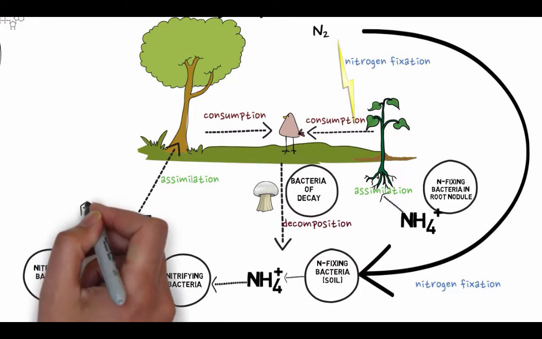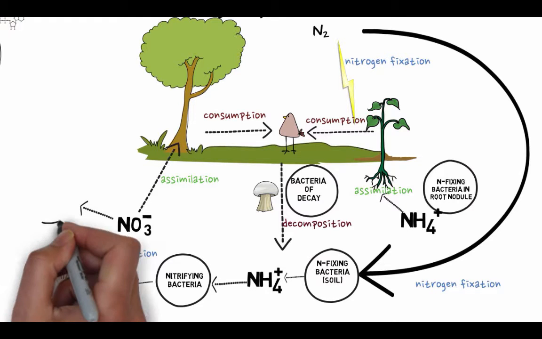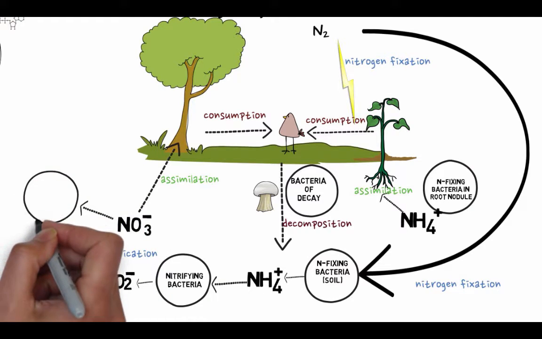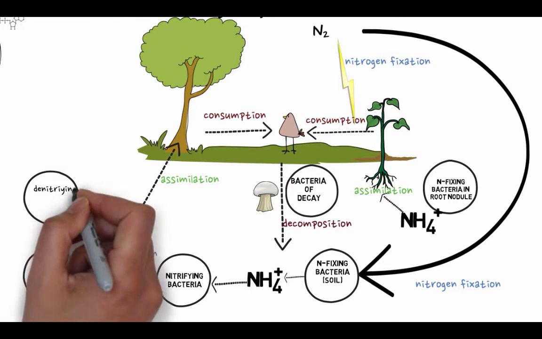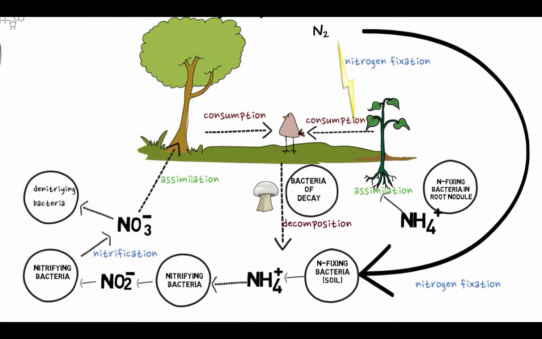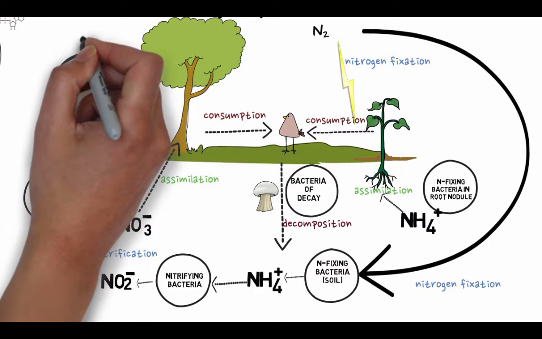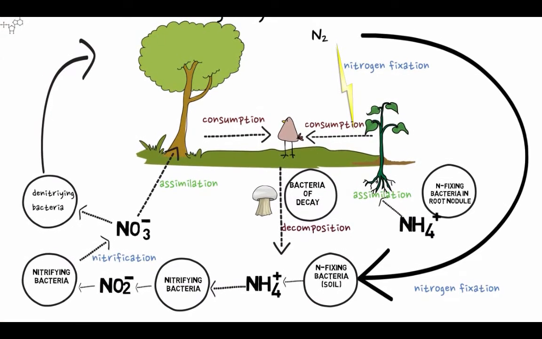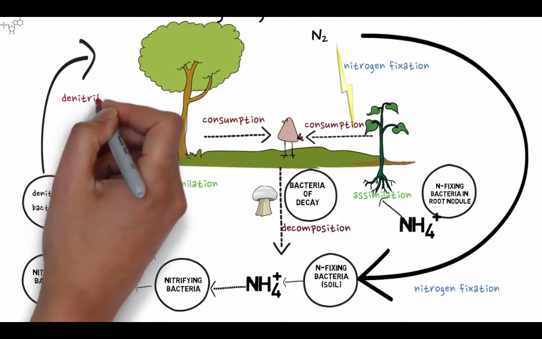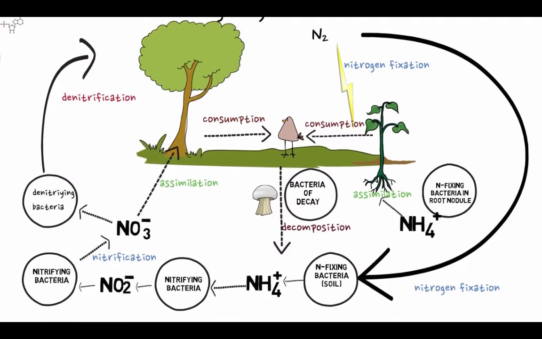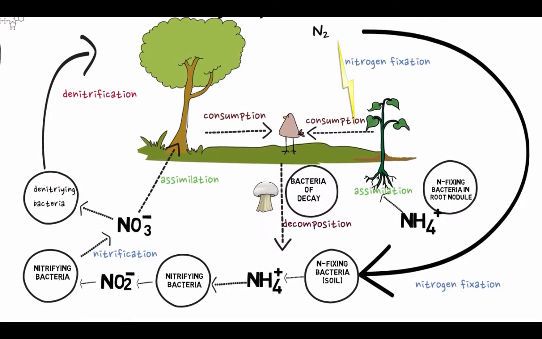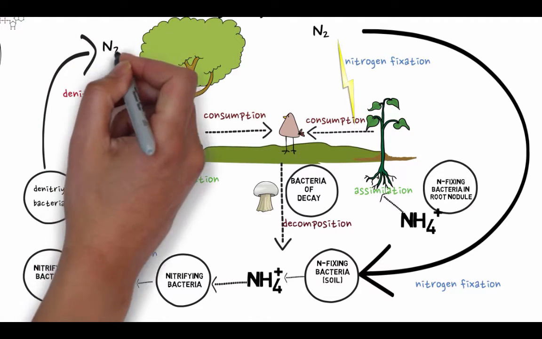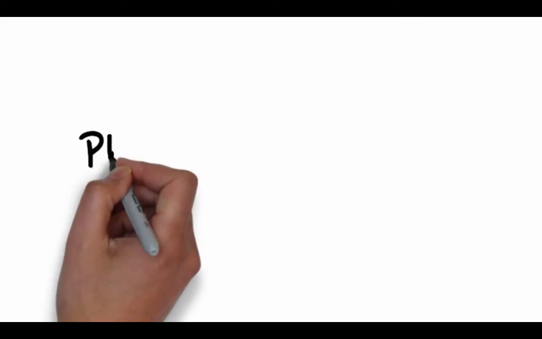There are also bacteria in the soil called denitrifying bacteria. Under certain conditions, they will convert nitrates in the soil to the atmospheric form of nitrogen, N2. As you can see, the nitrogen cycle has a number of steps involving bacteria. Be sure you make note of the importance of bacteria in this cycle.